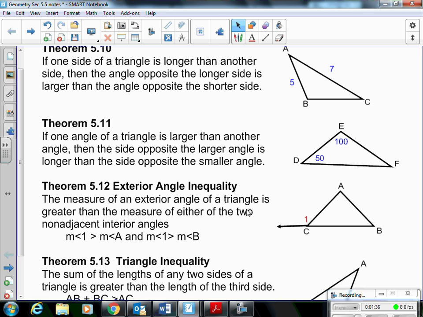In theorem 5.12, the exterior angle inequality, the measure of an exterior angle of a triangle is greater than the measure of either of the two non-adjacent interior angles.